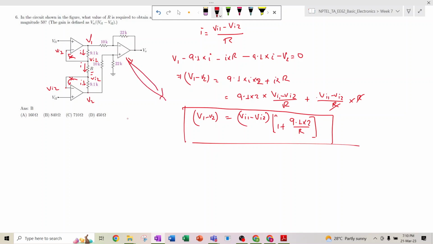Okay, so now what will be the gain in the difference amplifier? The VO will be nothing but, as I have already discussed, R2 divided by R1 into the differential input voltage.